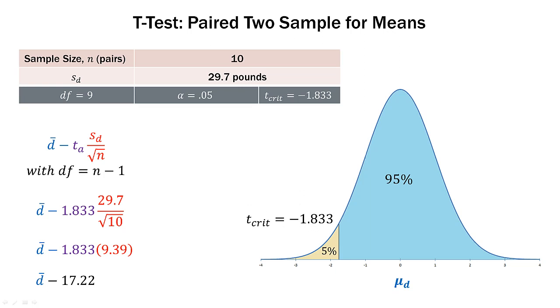Our t-critical is negative 1.833. So you can see that the line between the rejection region and the non-rejection region falls at negative 1.833. And we know that represents a value of negative 17.22, or 17.22 pounds of weight loss.